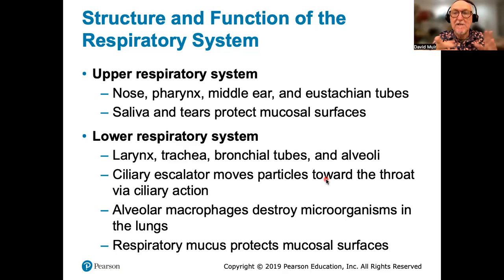That sheet of mucus traps any bacteria that might find their way into the lungs or any part of the lower respiratory tract. It tends to trap bacteria and rapidly move them up and away from the lungs. They are moved up to the pharynx, at the top of the throat, where we swallow it.